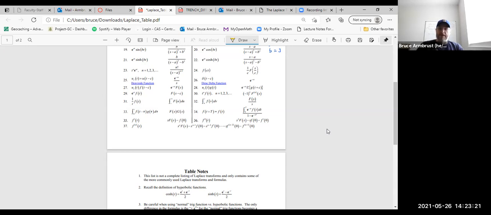Same thing with the second derivative. This big F of s is the Laplace of your original function. So it's sort of like reduction of order, bringing us back to just the original function.